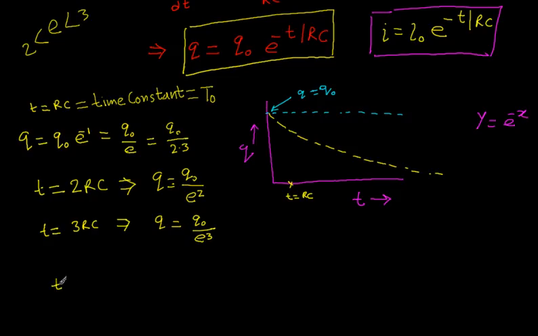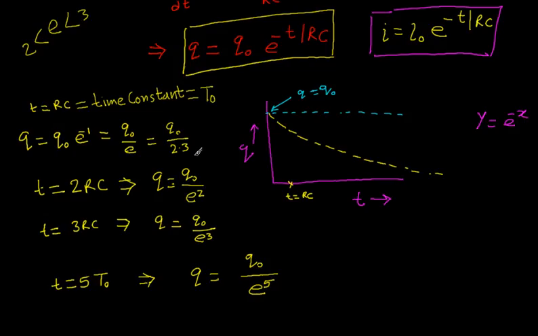At t is equal to 5 t naught, q will be equal to q naught by e power 5, which is a huge value in the denominator.